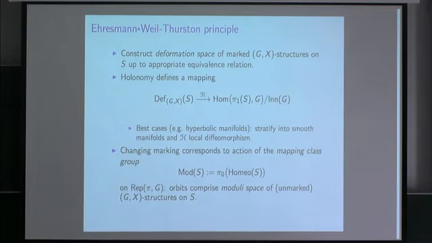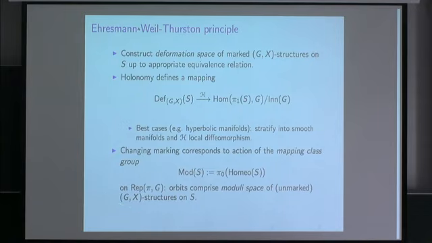So maybe the first case where this was done was when G is PSL(2,R) and the deformation space is hyperbolic surfaces, and this was studied by André Weil around 1960. Similar ideas.